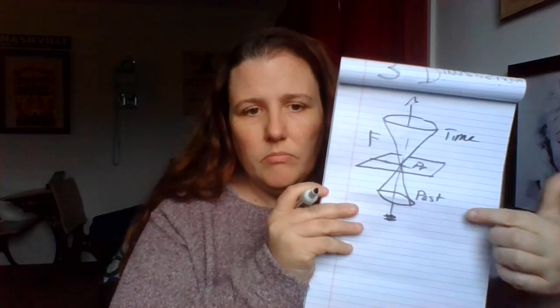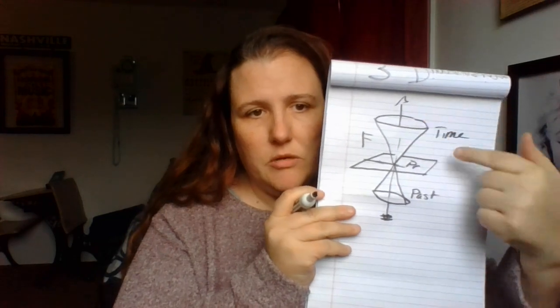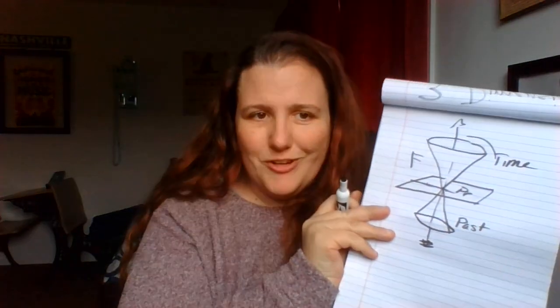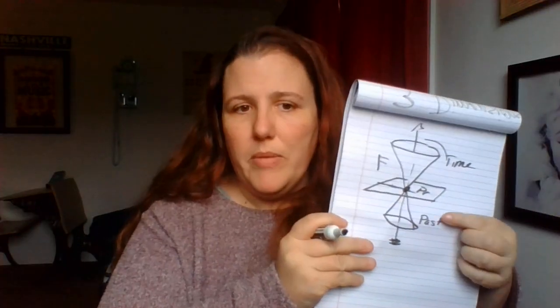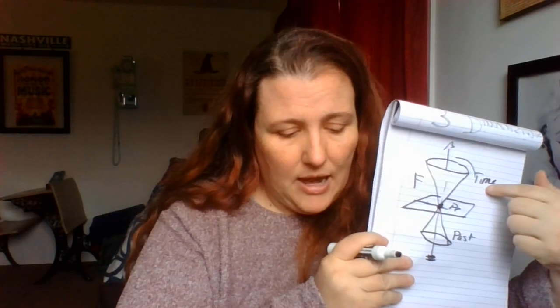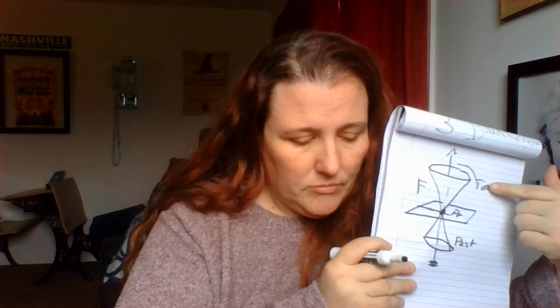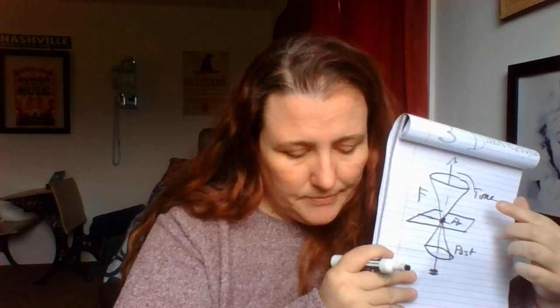Time. No arrow down there, one direction. That's time. I probably should have drawn it closer to the arrow. And then you have the point right here where they meet, and that's the person doing the observing. And then this is kind of the space.